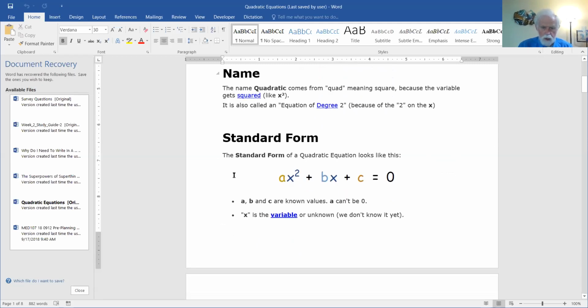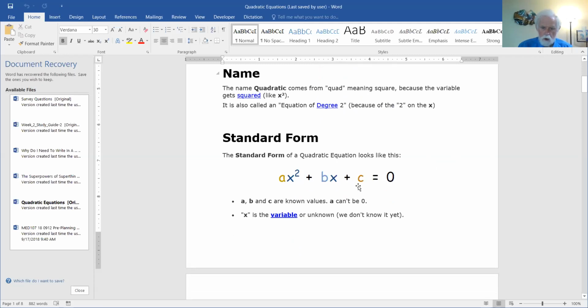The standard form that we use is ax squared plus bx plus c, where a, b, and c are constants. If we just have an x squared term, a is assumed to be 1. If we just have an x term with nothing in front of it, then b is assumed to be 1.